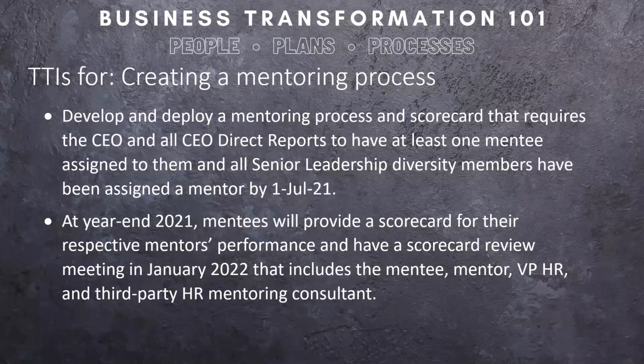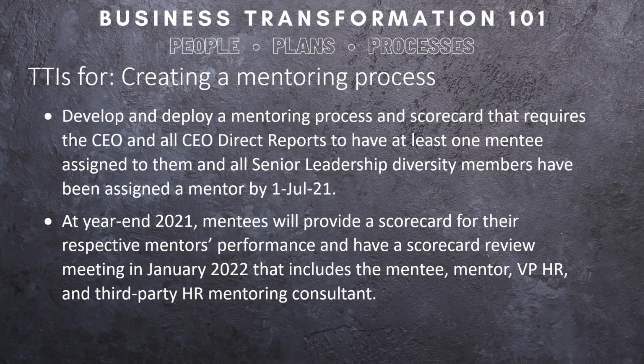There are also 2 TTIs for the second improvement priority of creating a mentoring process. The first is to develop and deploy a mentoring process and scorecard that requires the CEO and all CEO direct reports to have at least one mentee assigned to them, and all senior leadership diversity members have been assigned a mentor by the 1st of July, 2021.